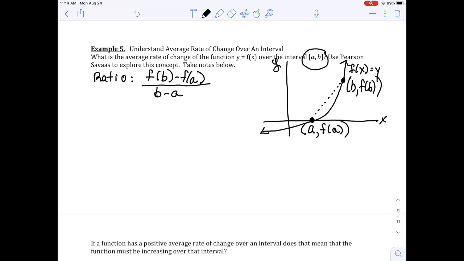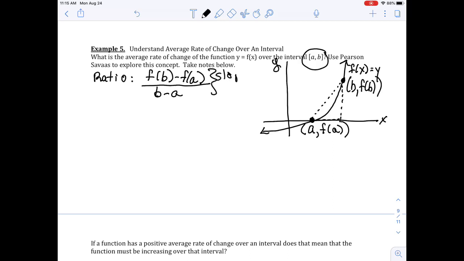So this is what we're referring to, the total change of the function. I'm going to go ahead and make something that's going to look familiar to you. So the average rate of change over that interval is the slope of the line segment connecting those 2 points.